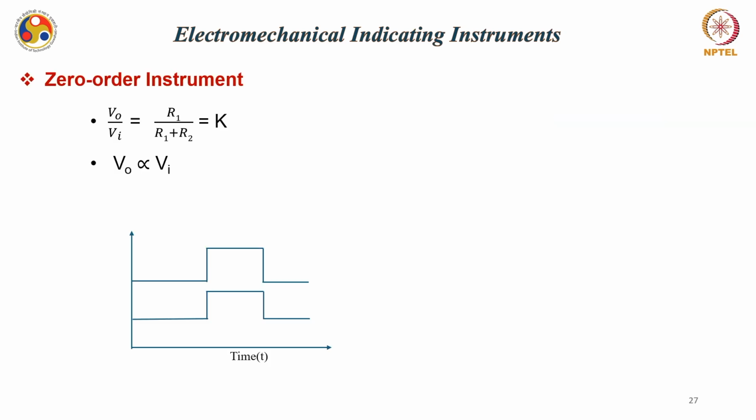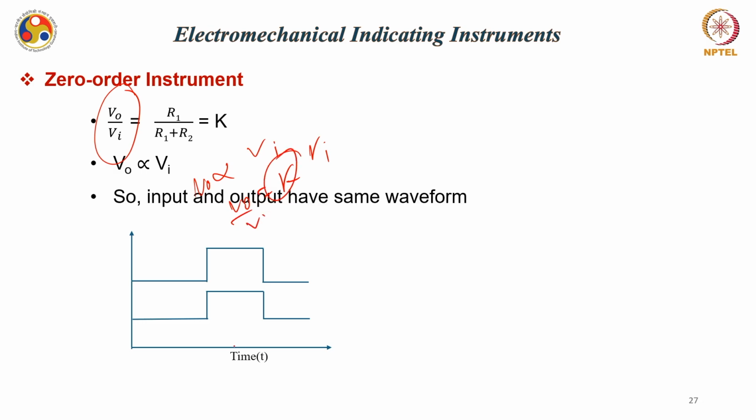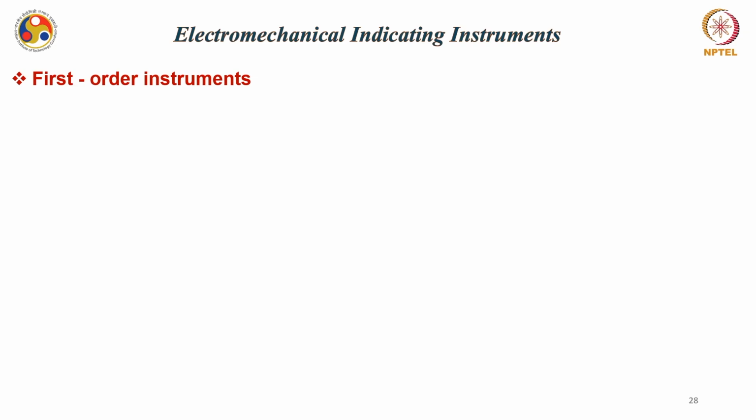As I have already mentioned, we are talking about the transfer function, and this output directly follows this Vi, or if you want to replace it with some constant, V0 equals K Vi, or V0 by Vi is K. So both input and output have exactly the same waveform. This is very, very important, particularly for the zero order instrument.